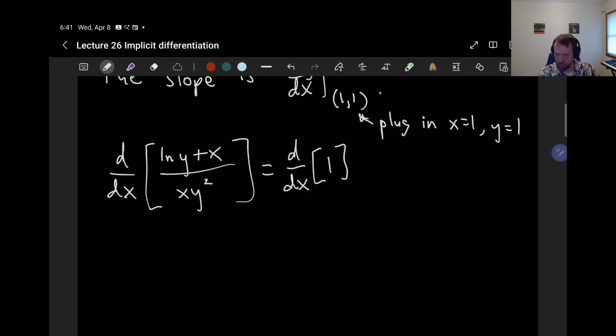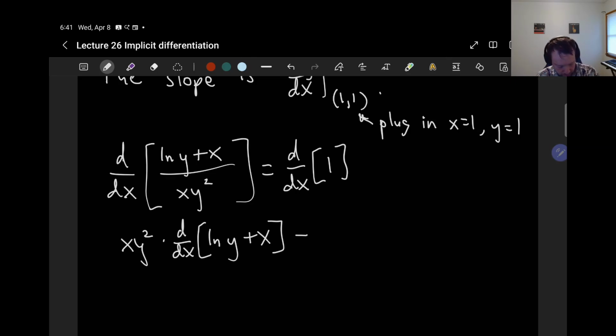So I'm taking the derivative of a quotient. We do quotient rule. So that is low d high, and it gets a little complicated, so I'm not going to fully calculate that yet. I'm just going to write times the derivative of ln of y plus x. So that's low d high minus high, use your parentheses.